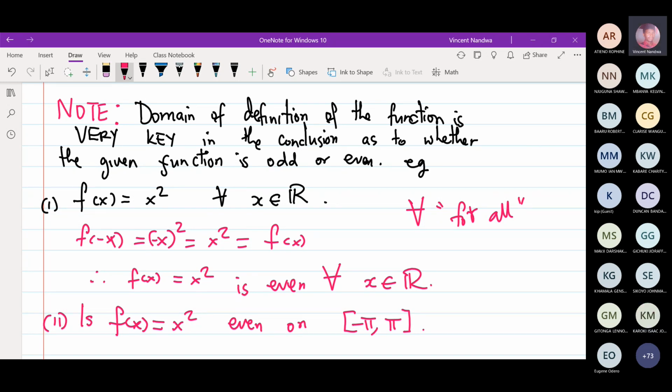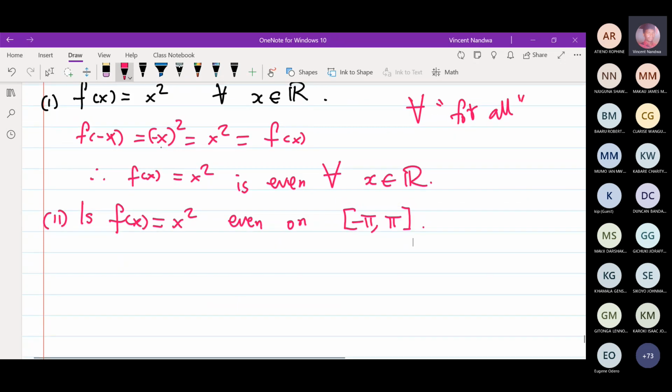It is, because if we take, for example, the value of the function at minus pi, I'll have minus pi squared, which is pi squared, the same as putting f of pi. So remember, pi is still in the interval. So yes, it is true that the function f of x equals x squared is even on the interval minus pi to pi.